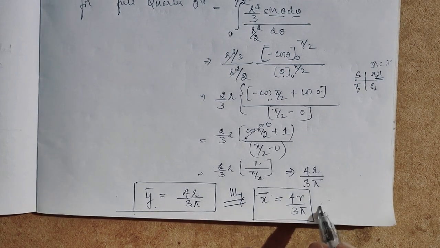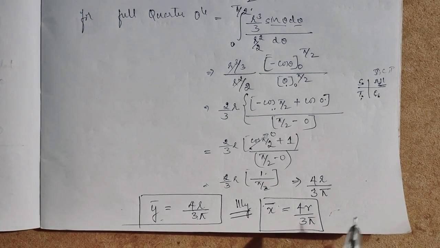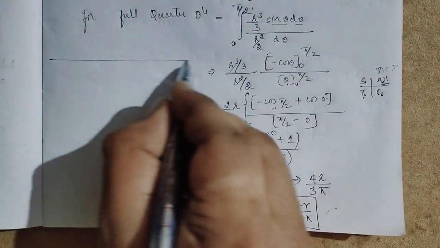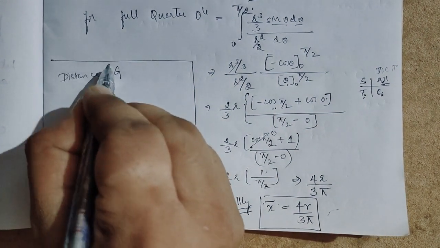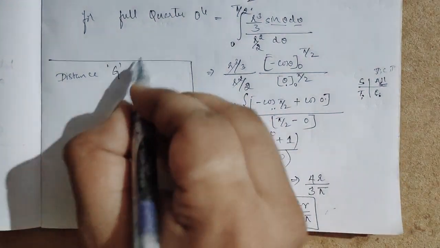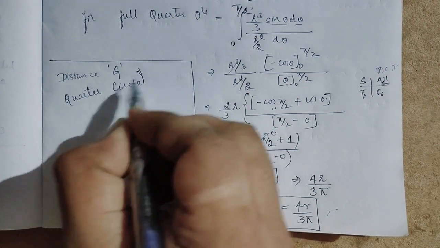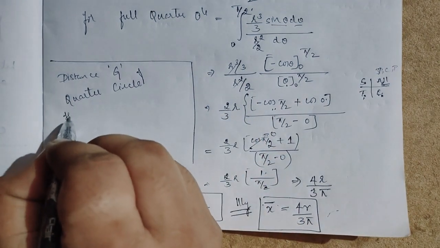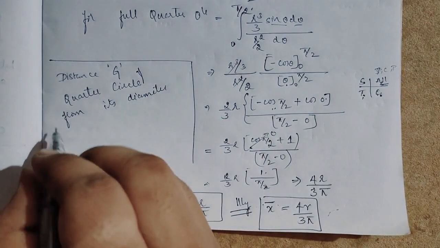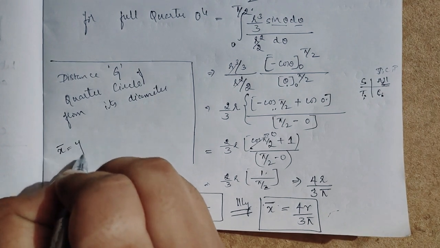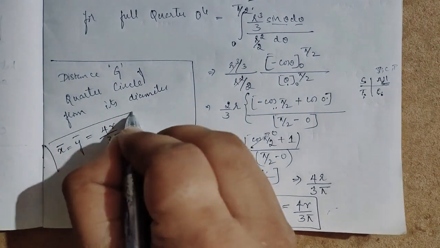Okay, so now we can tell that the distance of the centroid G of the quarter circle from its diameter will be x bar is equal to y bar, which is equal to 4r by 3 pi.